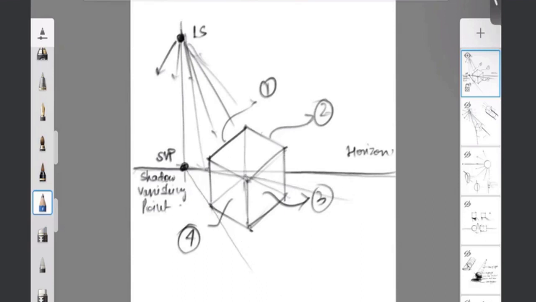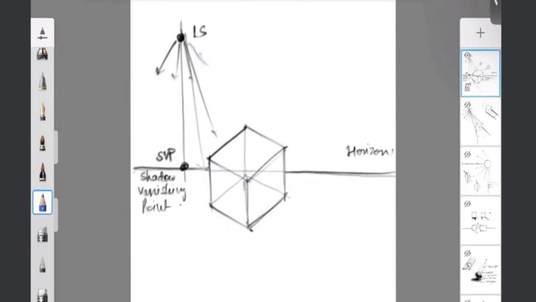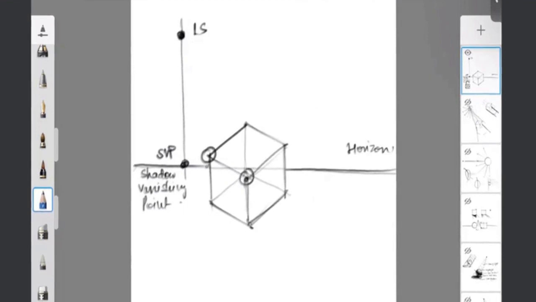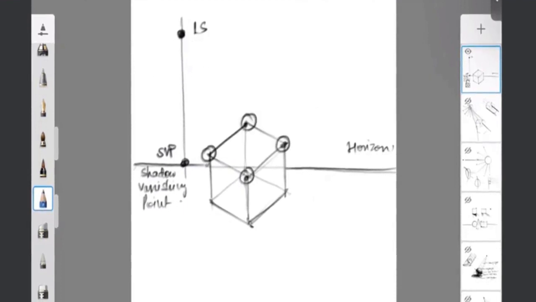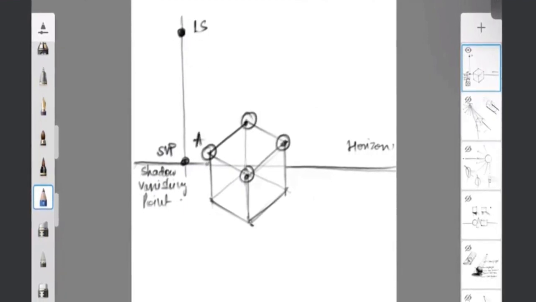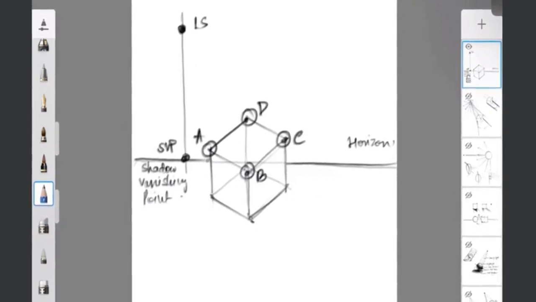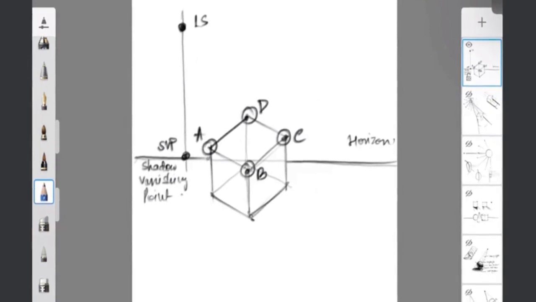So now, how do we sketch the light and shadow, and how do we get to know what kind of cast shadow we'll get? So what we'll do here is we'll mark the points corresponding to the shadow sides. So on the top, these are the 4 points which would be corresponding to the shadow sides, right? So let's name them capital A, capital B, capital C, and capital D. Okay, and we'll then try to mark all of these 4 points on the ground as well.